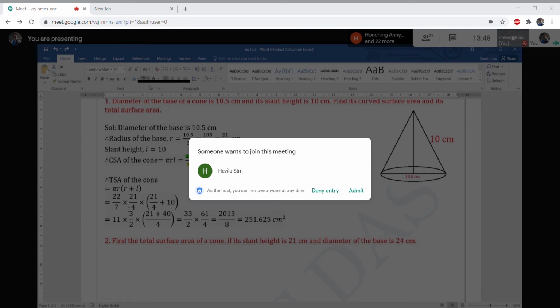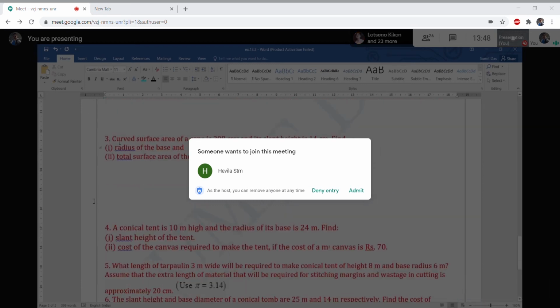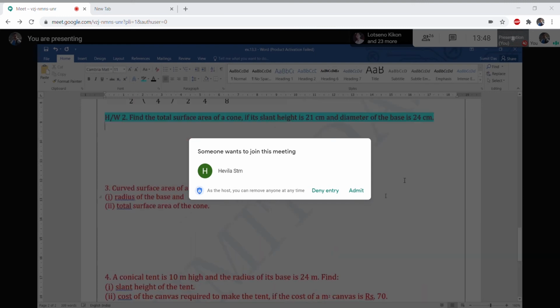I'm giving this one as homework, the blue color one. Same thing we have to do, but don't find CSA, because here CSA is not asked, only TSA is asked. So first find the radius and then put it in the formula. It's an easy question, some questions you have to do by yourself also.